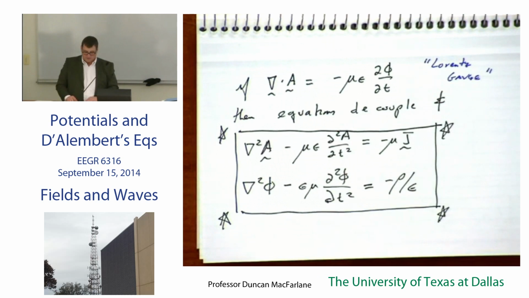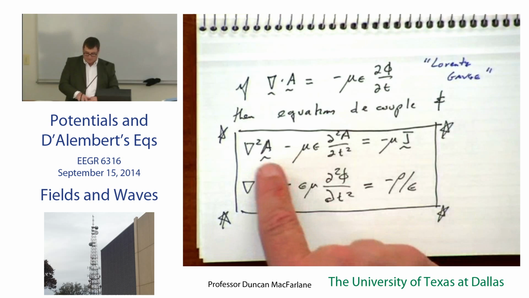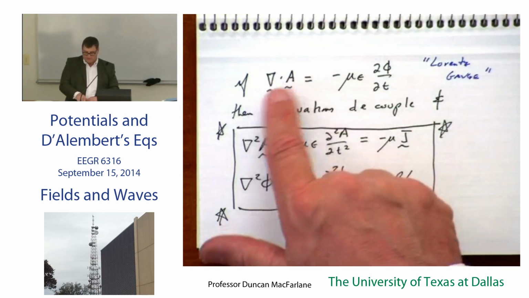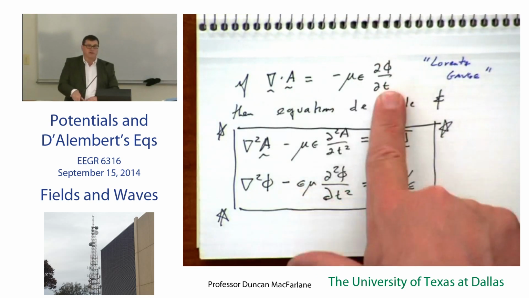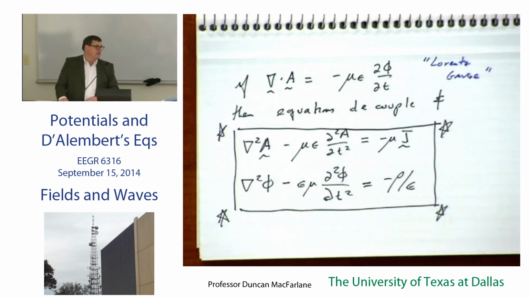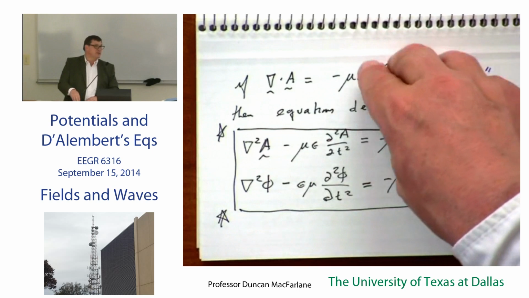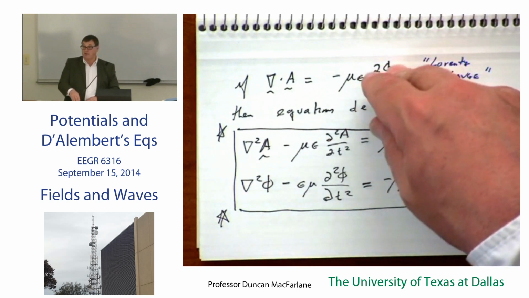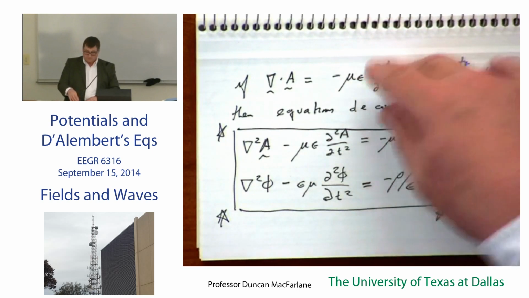Okay? In other words, if I solve for what A is from this equation here, I can take the gradient of it, do a quick integration over time, and I'll get phi. So this is correct and useful if it makes your calculations go that much faster. Okay?